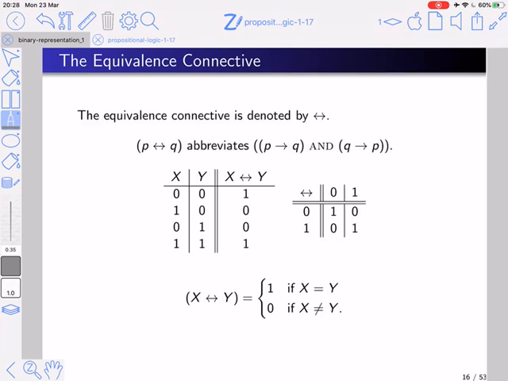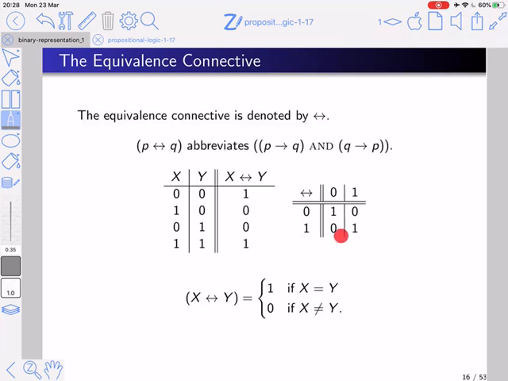The next connective that I want to describe is the equivalence connective. It's denoted by a left-right arrow, an arrow in both directions. This is in fact an abbreviation for P implies Q and Q implies P. Here is the multiplication table of the equivalence connective.